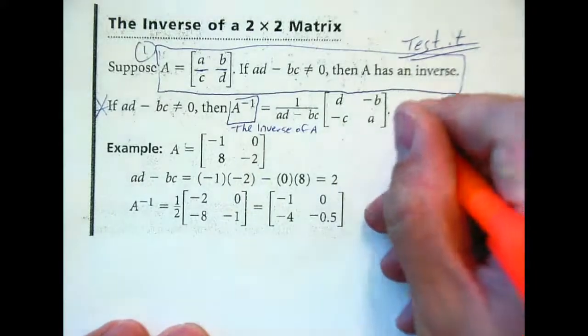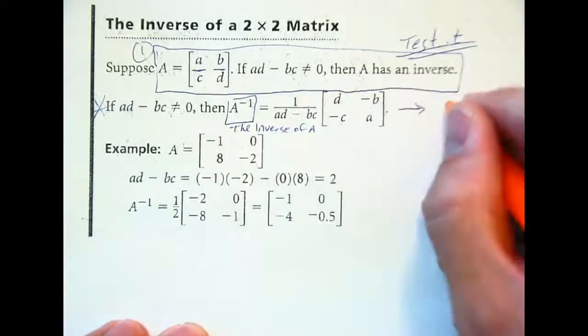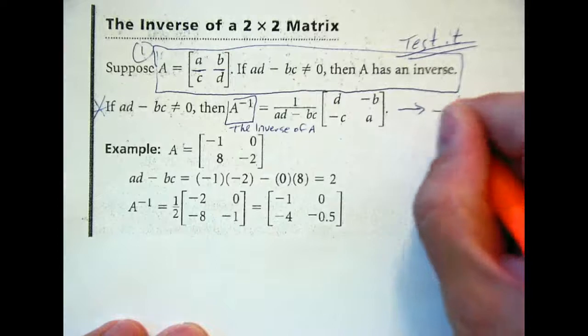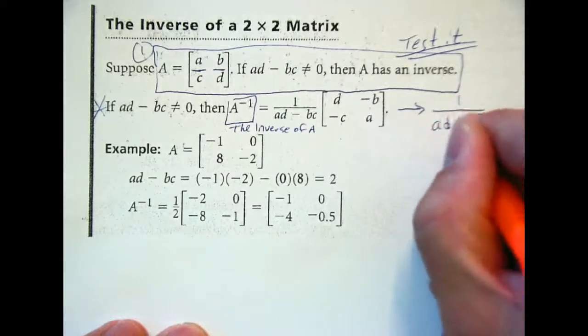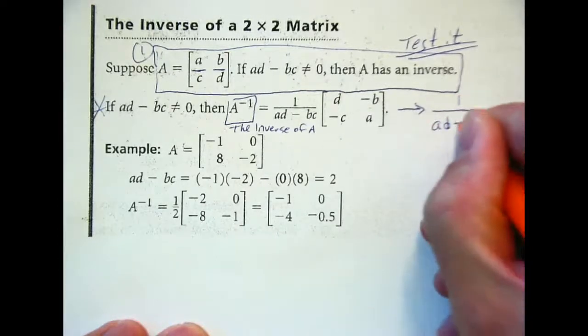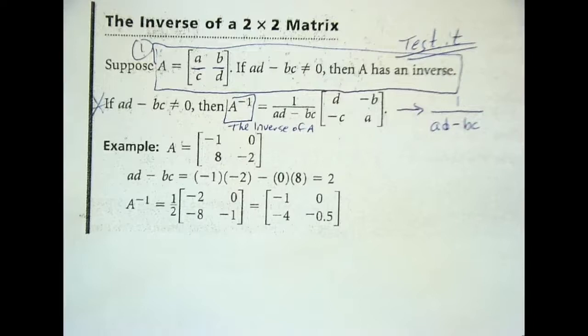The inverse of A is equal to, and I'll rewrite it over here, 1 over AD minus BC. AD minus BC is called your determinant, not a big time thing that we'll talk about.